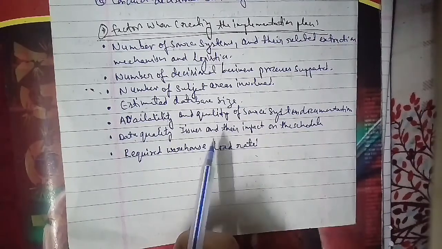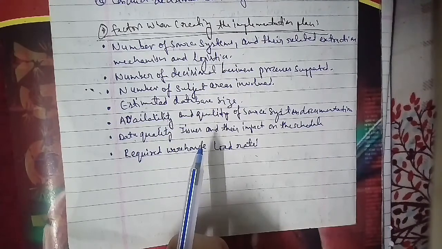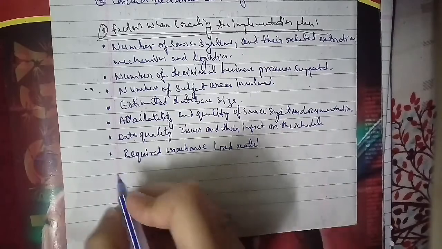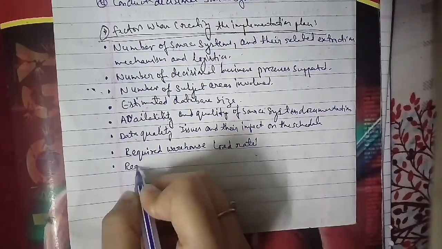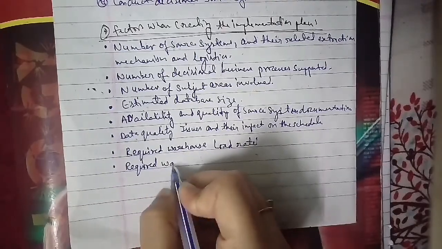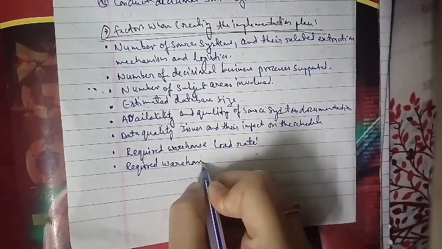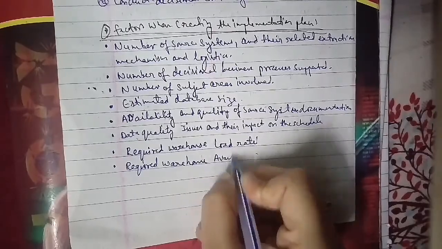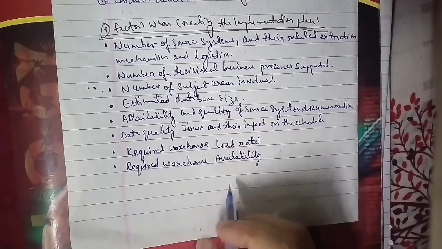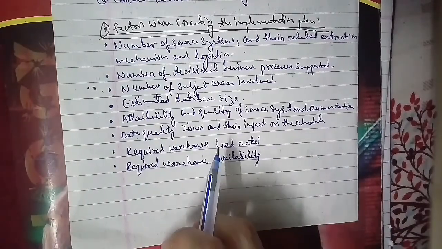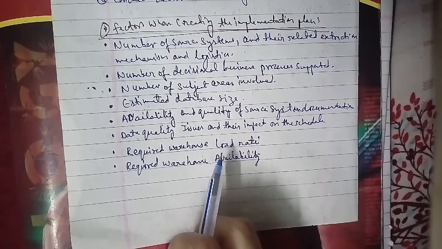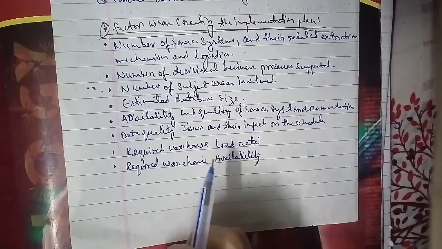Let's go ahead to another one, that is your required warehouse availability. The warehouse itself will also have a batch window, and the maximum allowed downtime for the warehouse also influences the design and approach of the warehousing team.